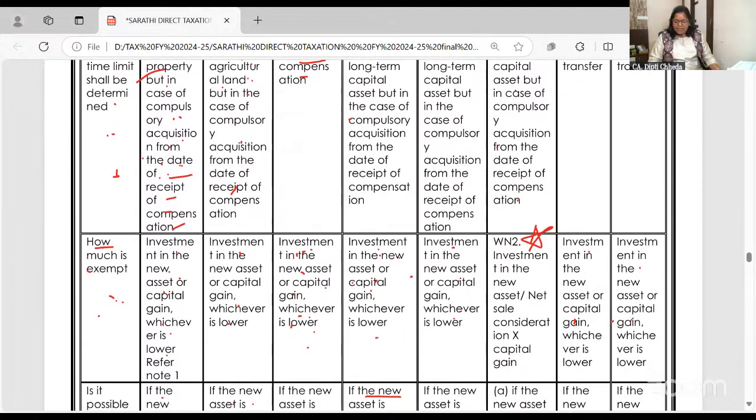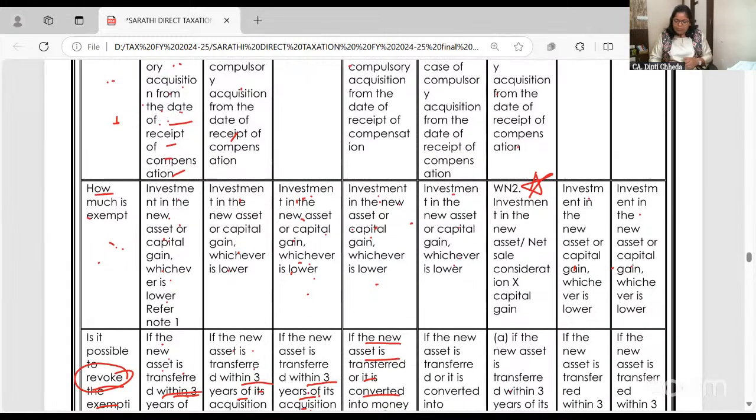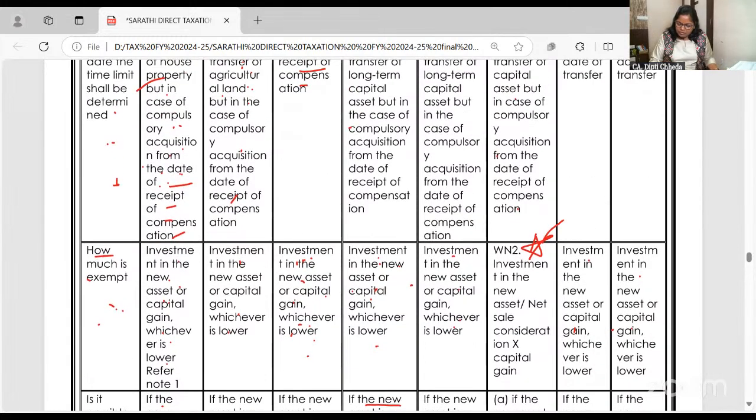Exemption will be by formula, but the formula is very simple. I want all of you to write an example here only. Sale consideration 100, indexed cost of acquisition 75, long-term capital gain is 25.